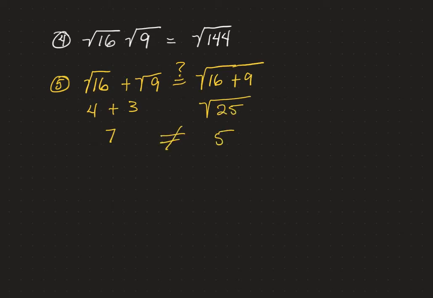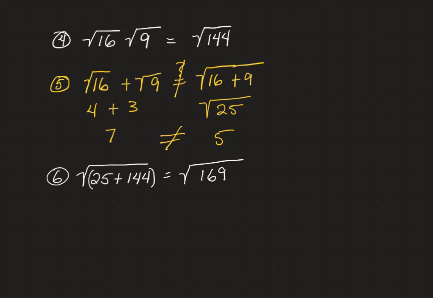So no, those are not equal. So if you are given an example like this, do not try to find the square root of 25 and add it to the square root of 144. What you must do first is PEMDAS. You have understood parentheses here, so add that together first. 169 is what you get, and the square root of 169 is 13.